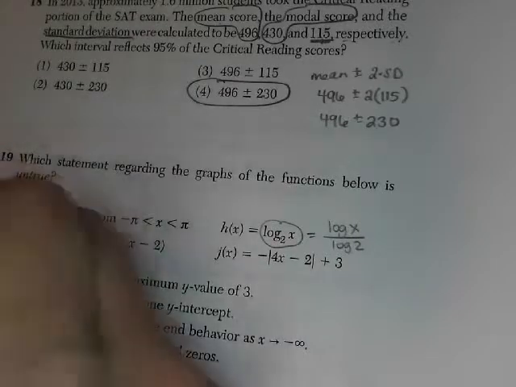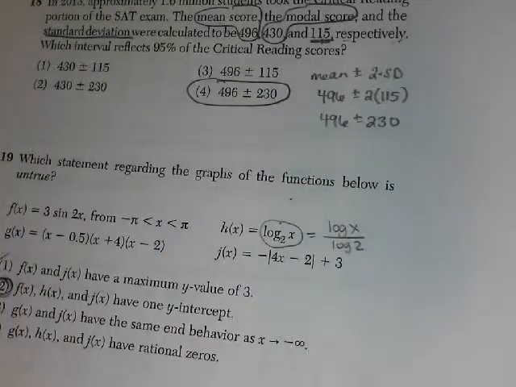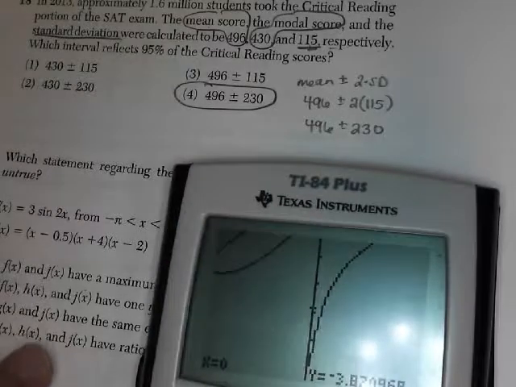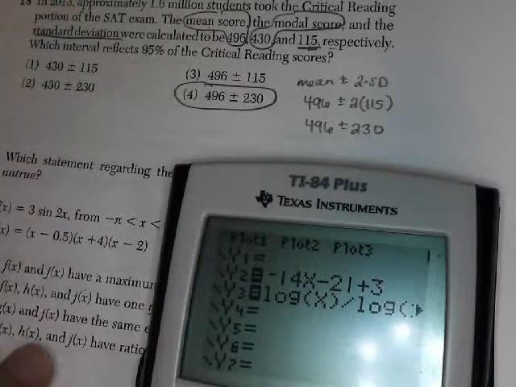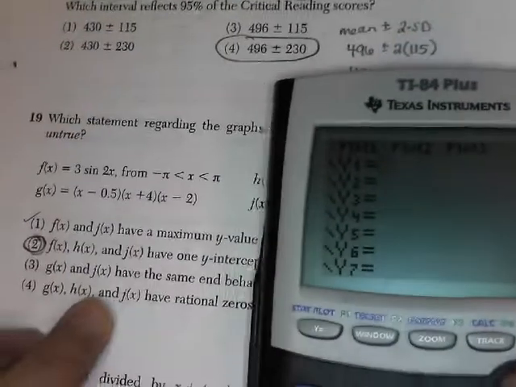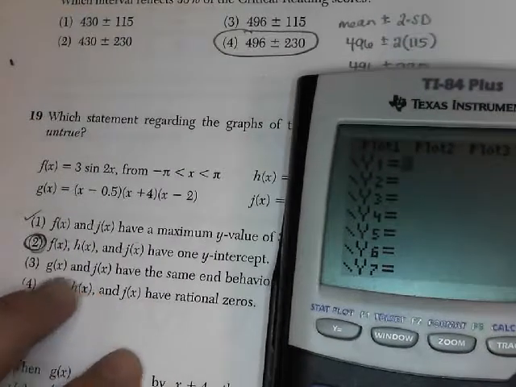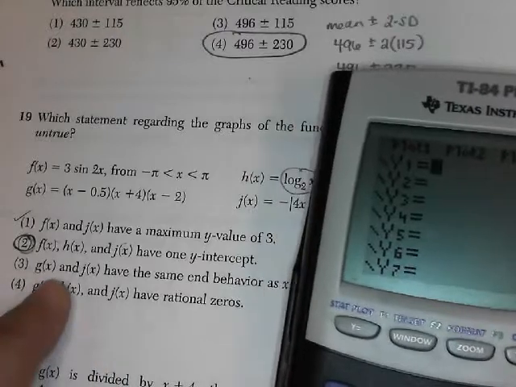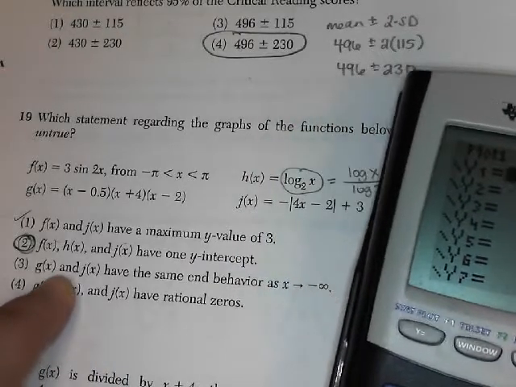Okay? As far as just looking through the rest of these to review some topics, because that's obviously important. Oh, shoot, I just crossed out. Well, they want to know if g of x and j of x have the same end behavior as we go towards negative infinity.